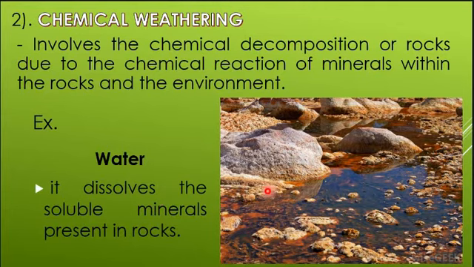Now, the molecules of some substance in rocks chemically combine with water molecules, and this process is called hydration. And from that, eventually these rocks will break. No? So water dissolves the soluble minerals present in rocks.